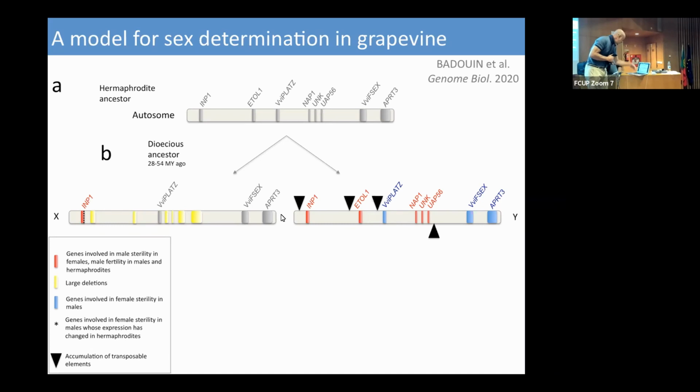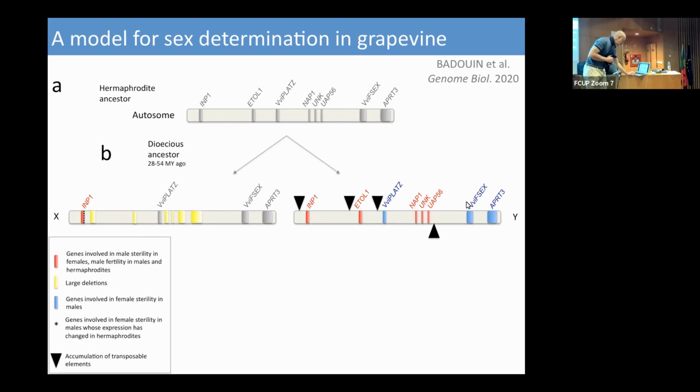These three genes kept the original expression pattern. On the Y haplotype, IMP1 remained functional, and these three genes evolved a new expression pattern.